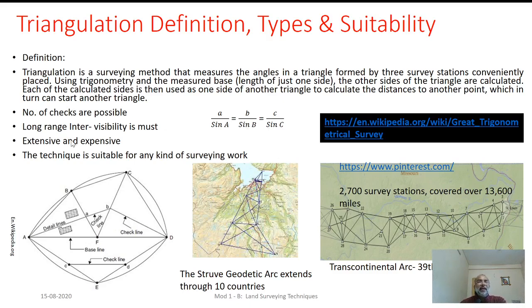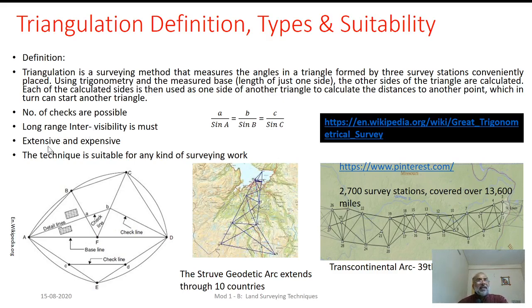Only the thing is that long range intervisibility is a must. Here the length of 15 km to 150 km is very common in surveying networks. Hence, we have to go for the concept of long range intervisibility.